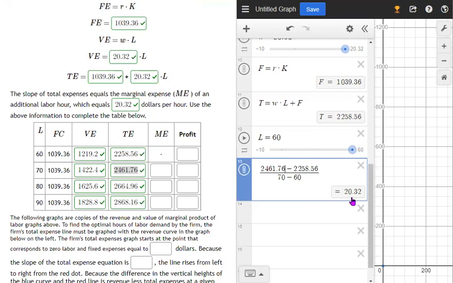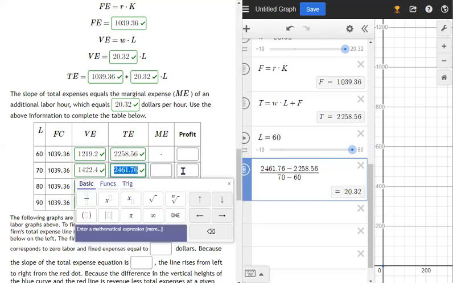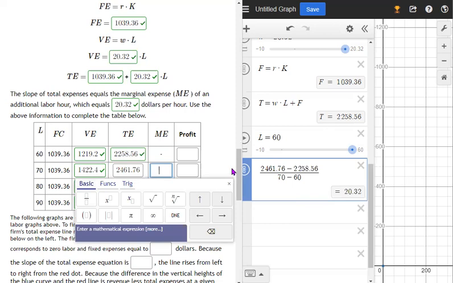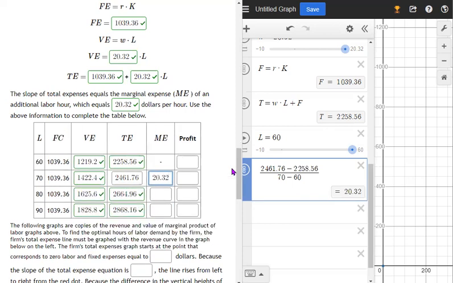Now notice that is the same as the wage. That's the same as the wage.